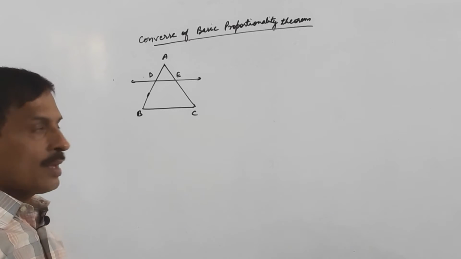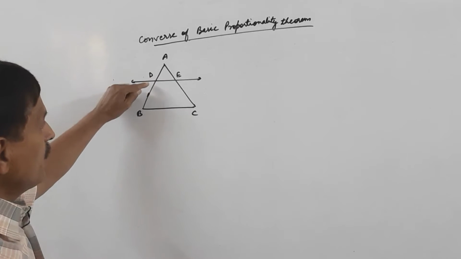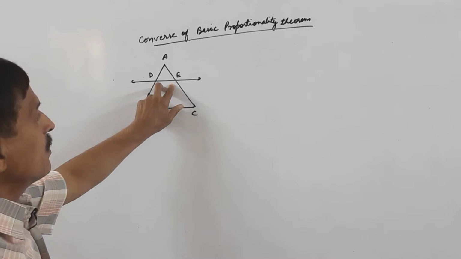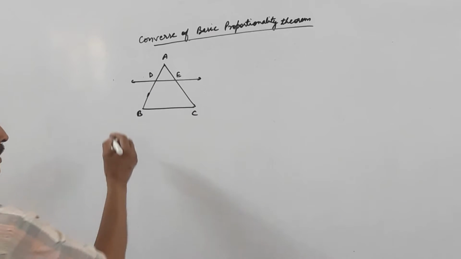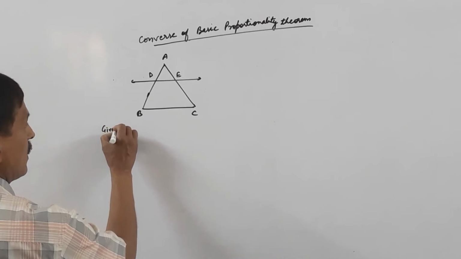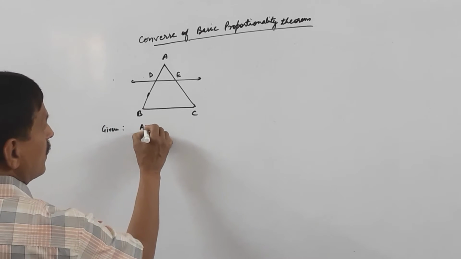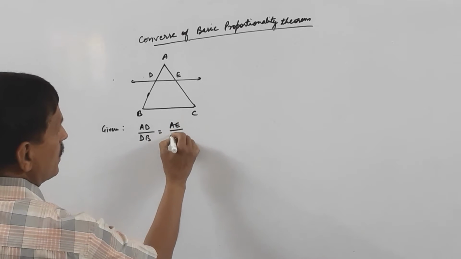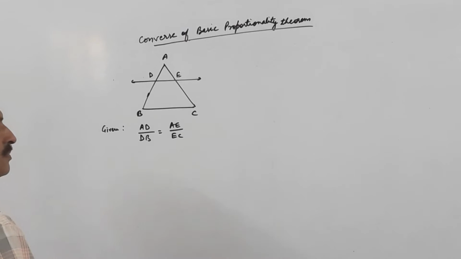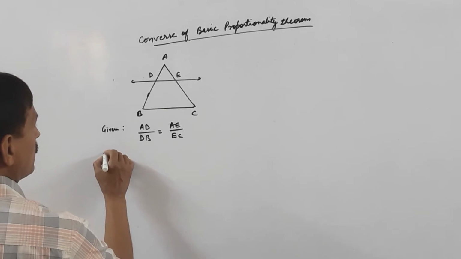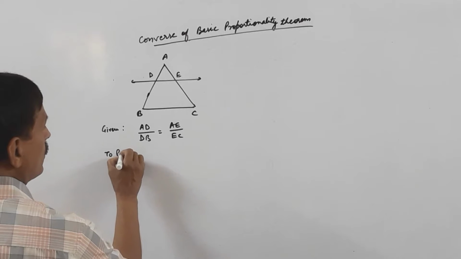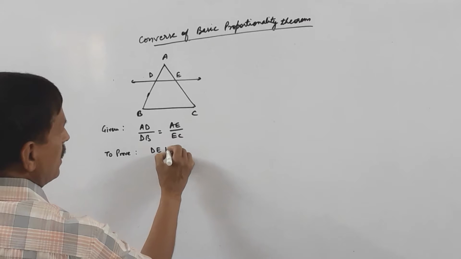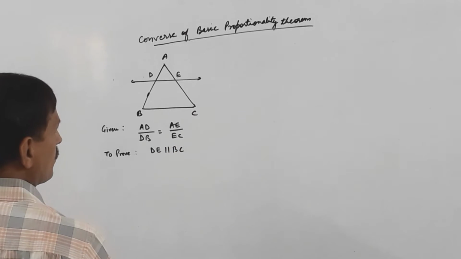I repeat, in the triangle, if a line divides its two sides in the same ratio, then it is parallel to third side. So given AD upon DB is equal to AE upon EC, to prove DE is parallel to BC.